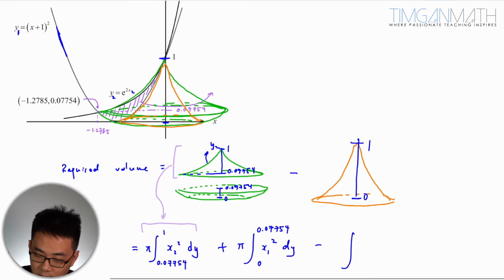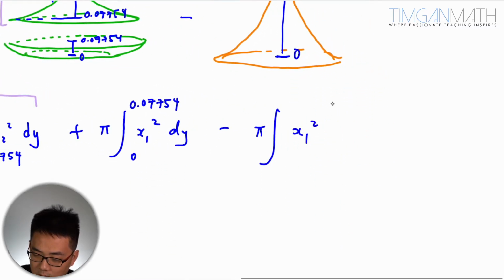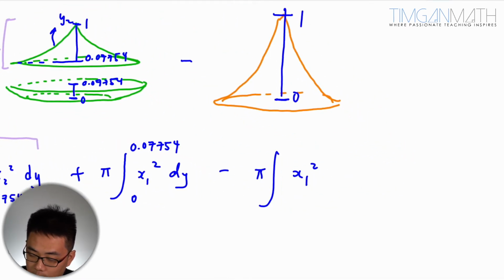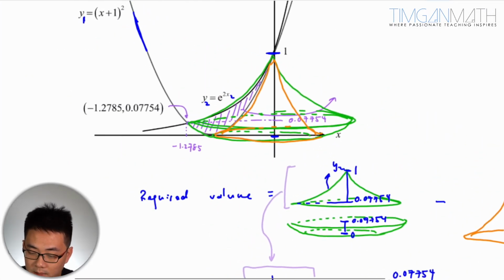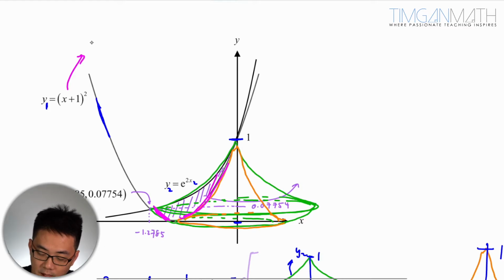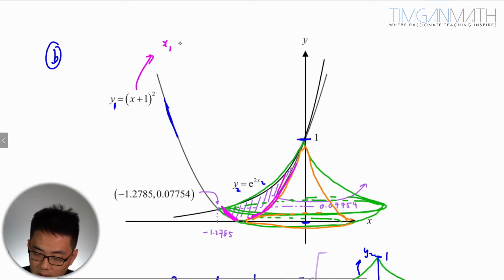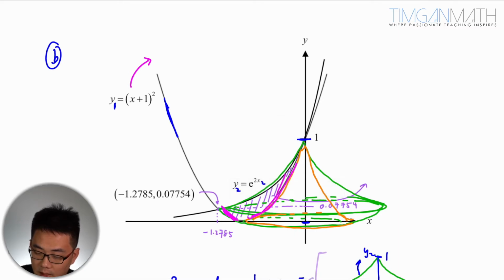So this curve here is a very simple curve, which is actually y1 is pi x1 square. This will be 0 to 1 dy. Now take note of this because there are two curves for x here. This is a very important part. When you make x the subject, if you look from the y-axis, you actually have two equations for the x value.